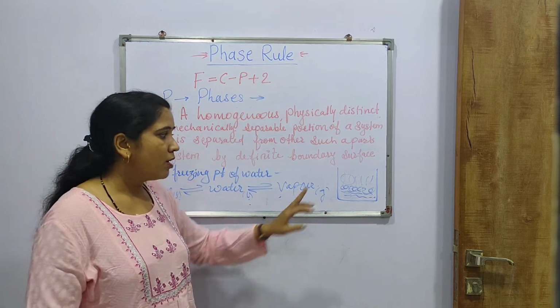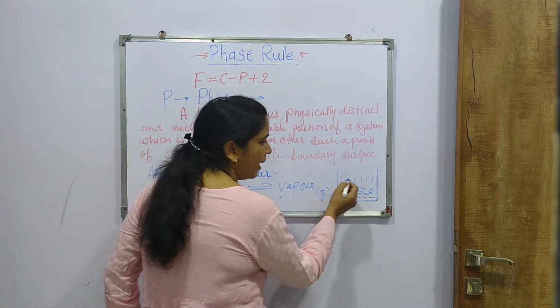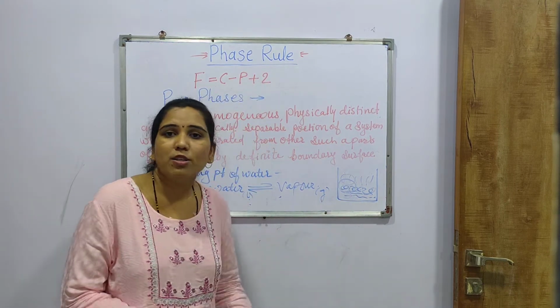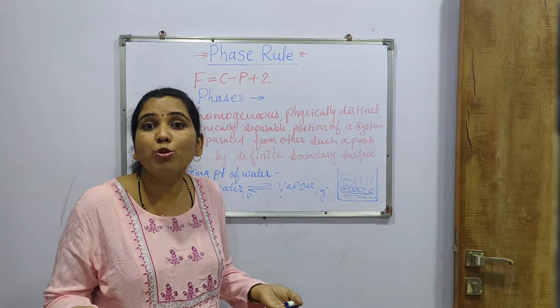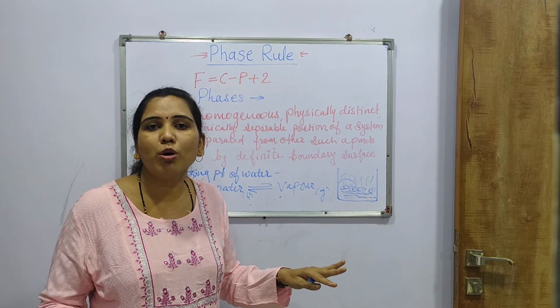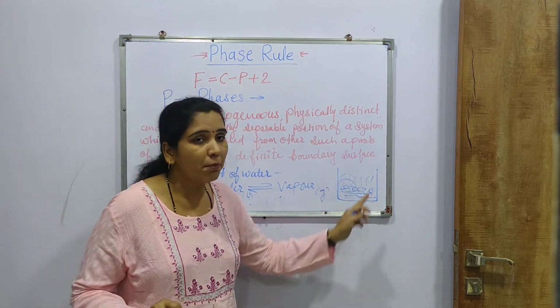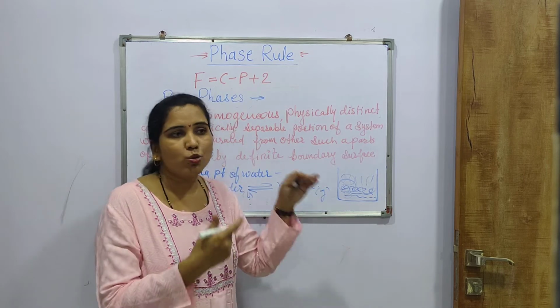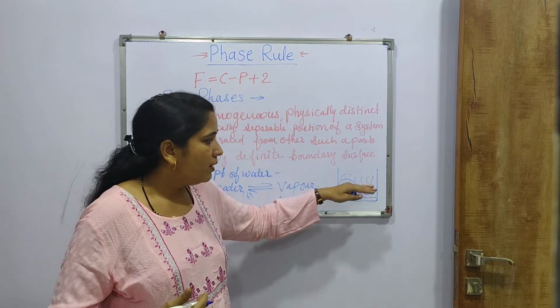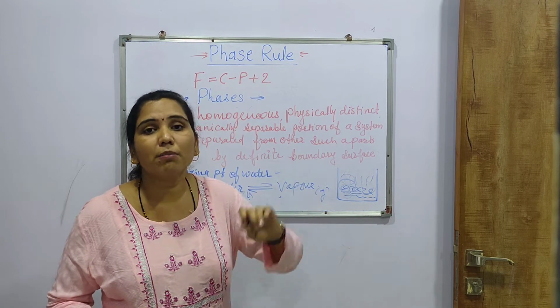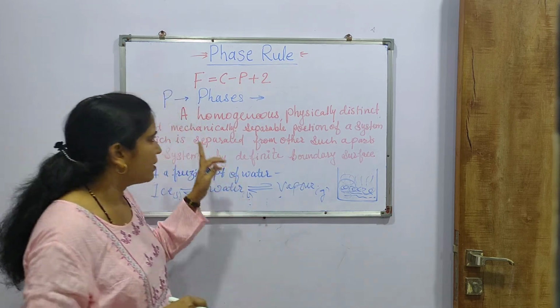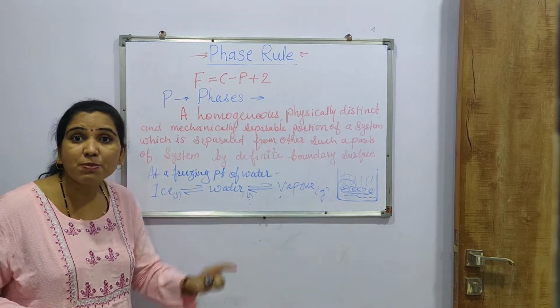Why? Because when we look at any part of this particular system, it is not homogeneous, not totally uniform throughout. So the number of phases is more than one. All those different states are the number of phases, because a phase must be homogeneous.